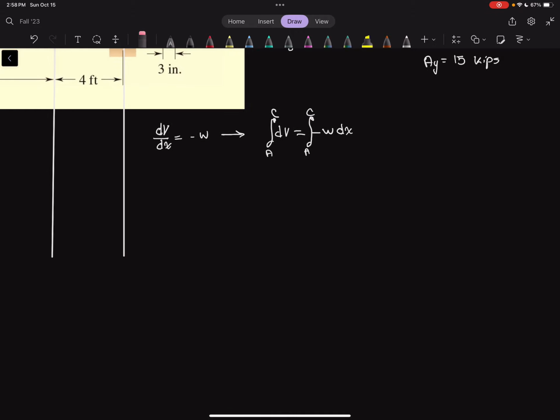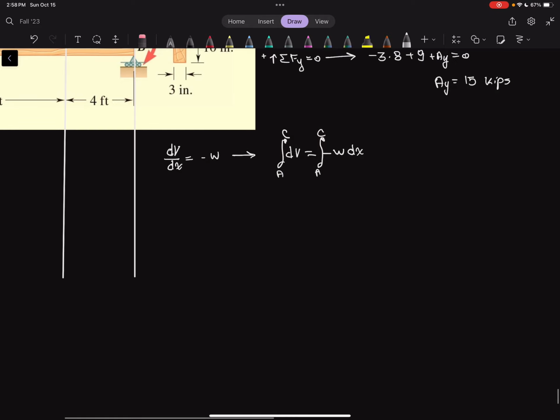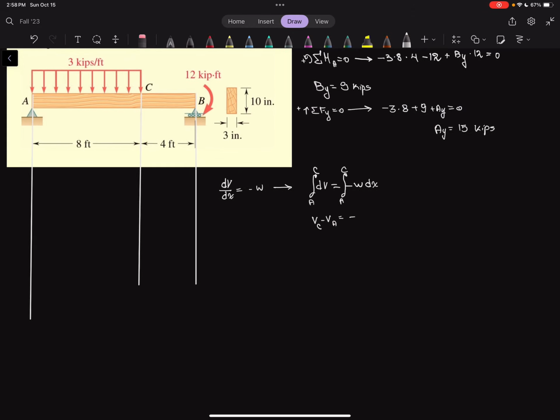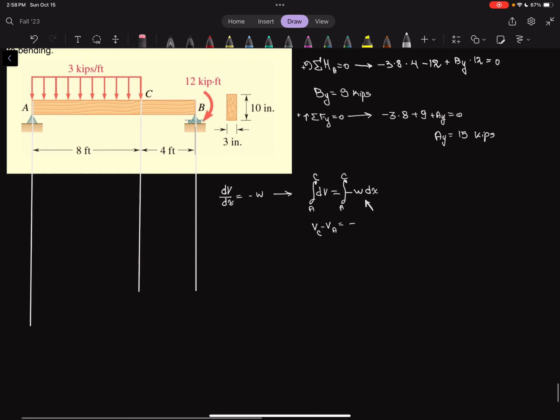We get VC minus VA is equal to the negative of the area under the distributed load from A to C, which is 3 times 8, which is 24.